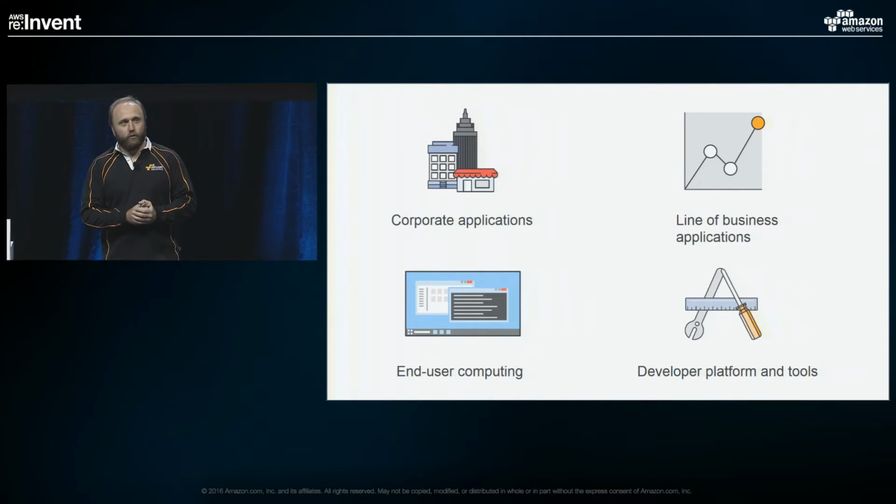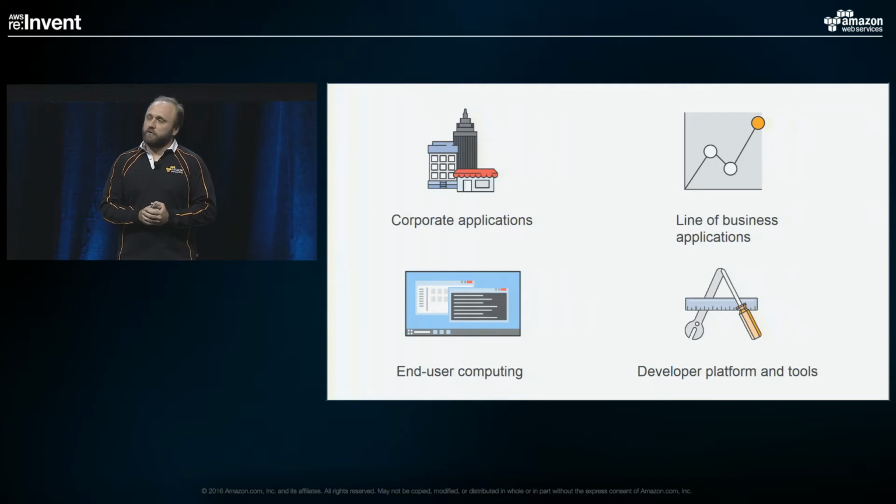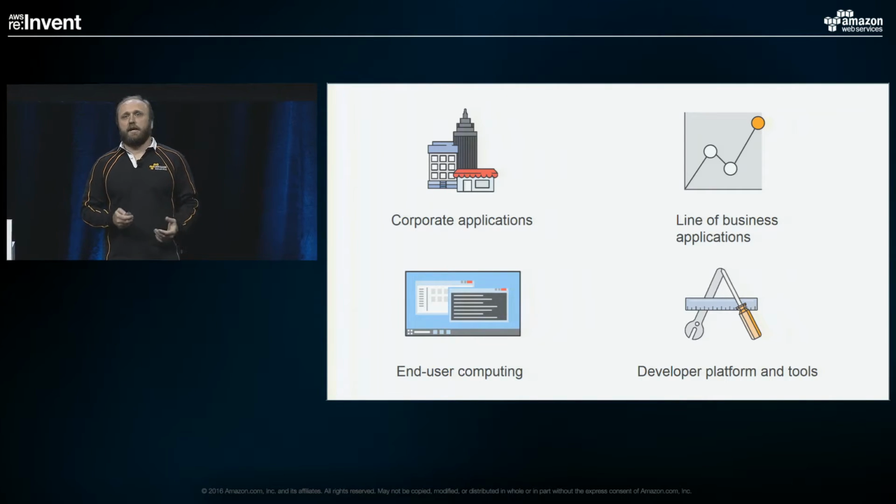So, what do we use Microsoft workloads generally for on AWS? First and foremost, it's the corporate applications. These are your internal applications: your Exchange servers, your SharePoint servers, your Skype for Business, your Dynamics AX, CRM, and so on.